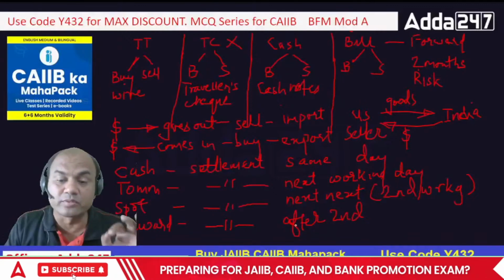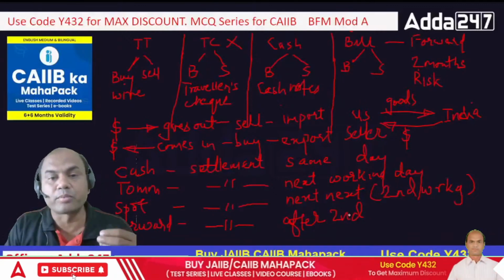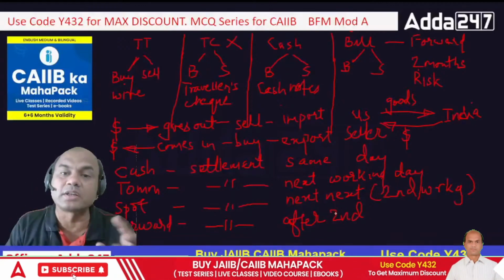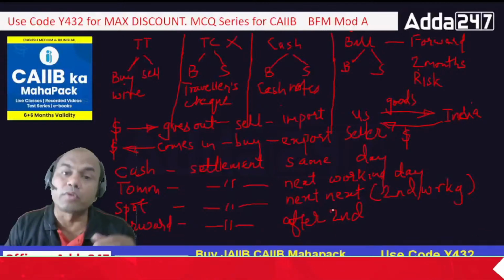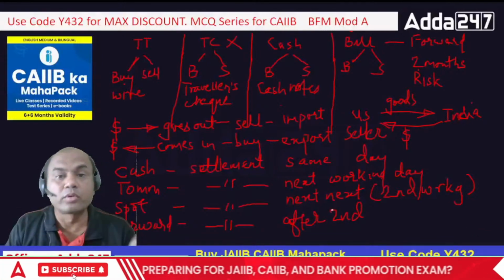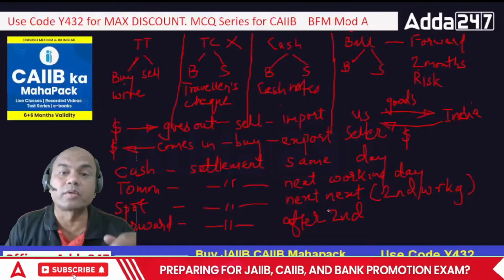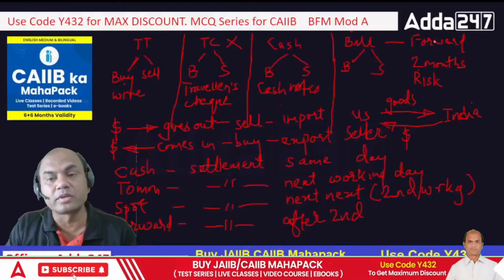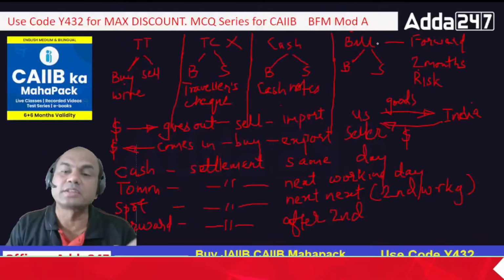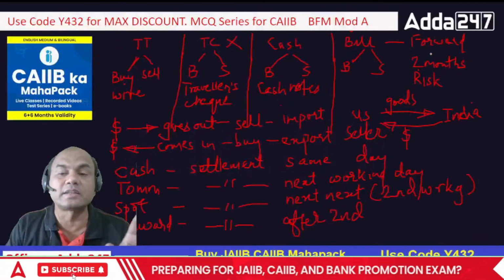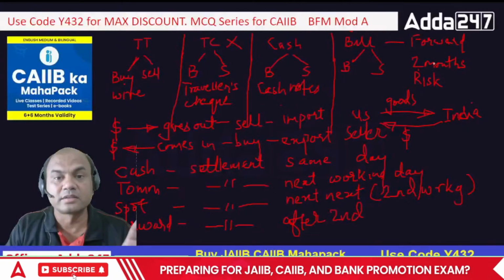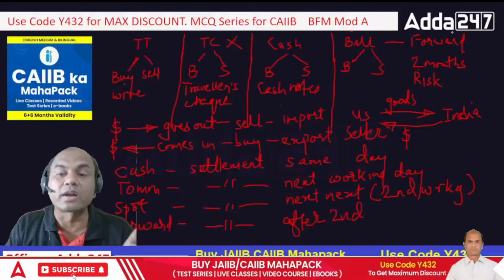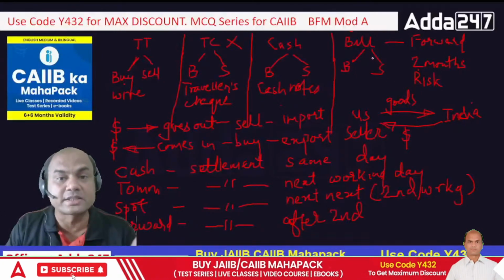So here there is risk involved. Suppose I promise you I'll be giving you dollars after 1 month. So what will be the dollar rate? Do you know the rates? Then what will be the interest cost involved in it? So definitely there is a risk involved. So that's why this bill rate is always considered a riskier rate. Therefore we have these forward rates, then forward margins.